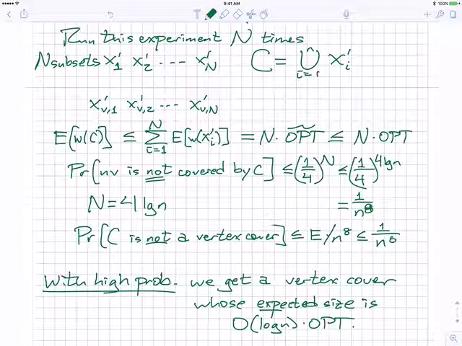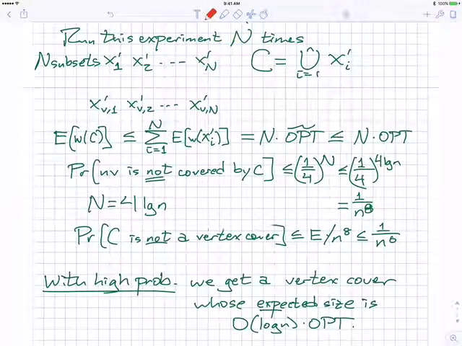And if I do this a little bit more carefully, if I just say run the algorithm over and over again until I get a vertex cover, and then figure out what the resulting expected size of the vertex cover is, this high probability bound is going to vanish.